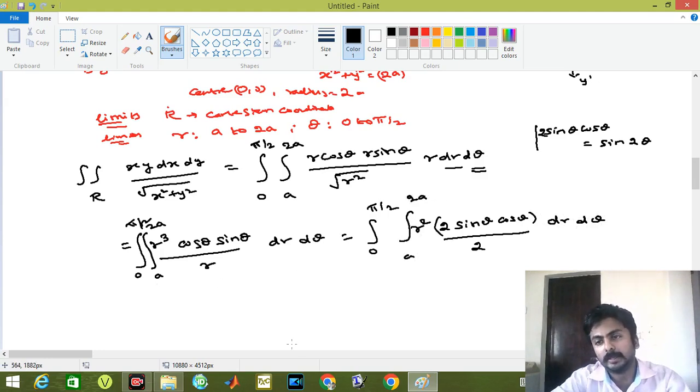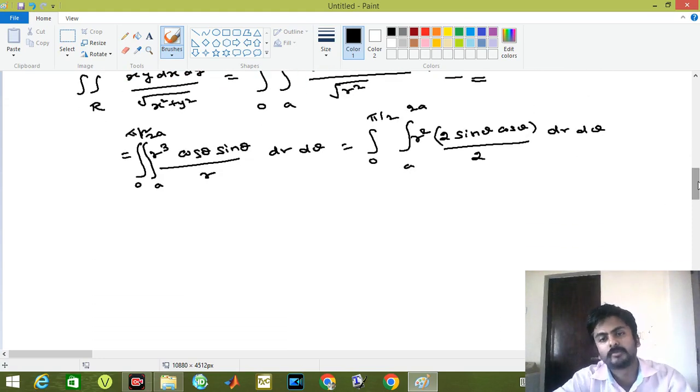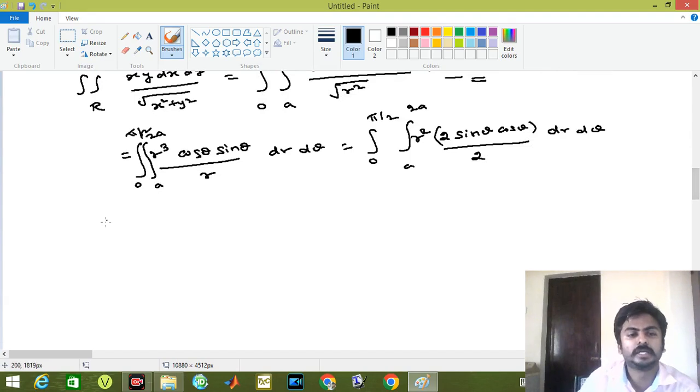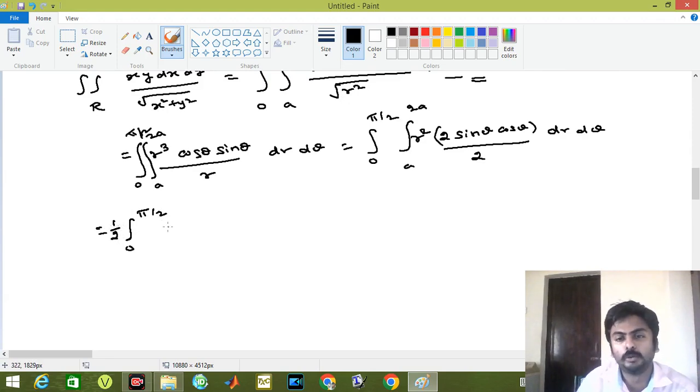Okay, now the next thing is the integral from 0 to pi by 2. Then you can take this 1 by 2 outside, 1 by 2 into the integral from 0 to pi by 2.